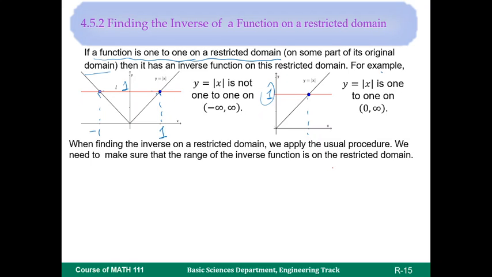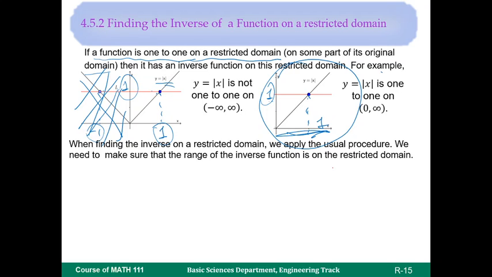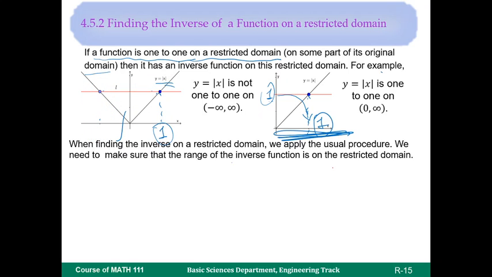When going back, it can go to minus 1 and 1. So this makes the problem. But if you restrict your domain to here only, then the inverse of the absolute value, the inverse of this 1 will be 1. So this is what this sentence is telling us. When we go back, x has to be on this part, not the other part.